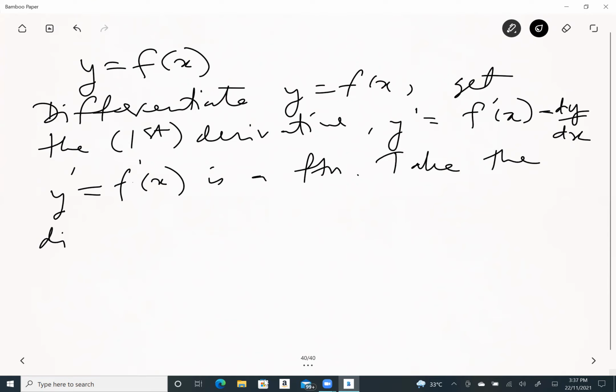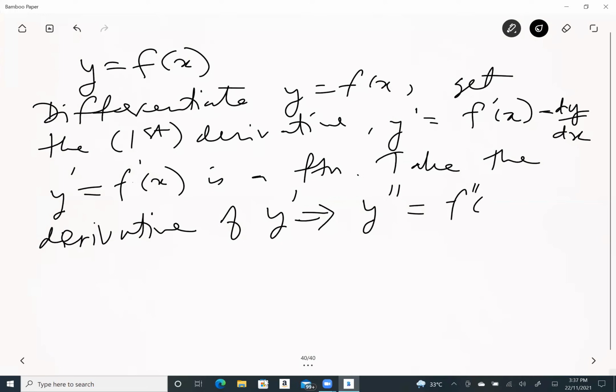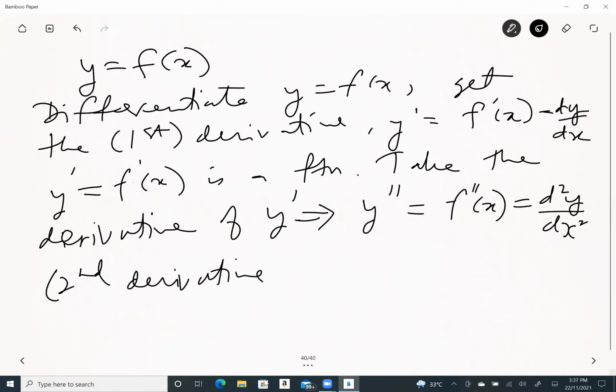So take the derivative of y prime, that would be y double prime. So what do you get? We get y double prime equal to f double prime of x equal to d2y dx squared. So that is the second derivative. Okay, the derivative of y prime is the second derivative of y.